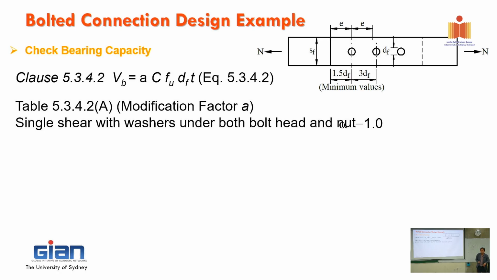Asking whether we are taking the distance from the center of the bolt hole to the end of the material. I know that is a bit tricky. The minimum, you should take from the center of the bolt, not the hole. Yes, it's still following the center of the bolt.